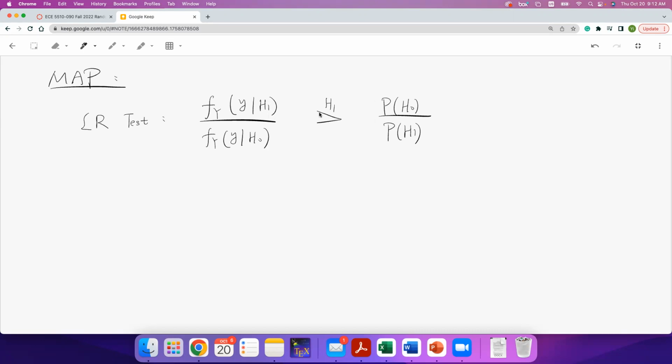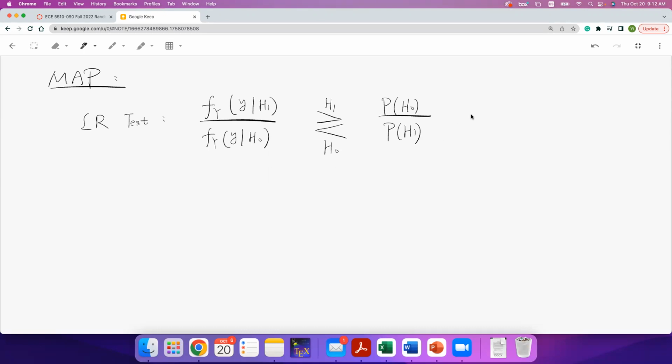Meaning that the numerator is more likely to happen in some sense. If it's smaller than this threshold, then we decide H0. This is the likelihood ratio test.